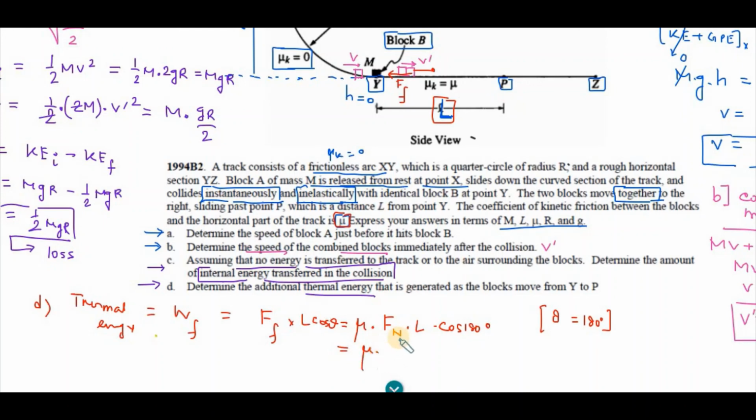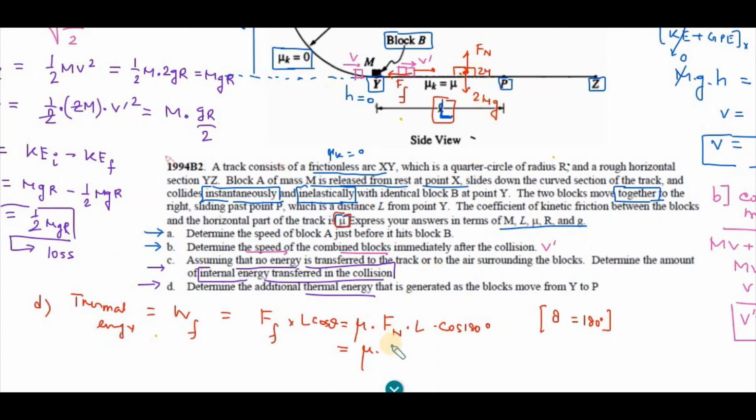Mu into what would be the normal reaction? If you draw the combined system, the total mass is 2m, due to which the total gravitational force is 2mg, which means the normal force, Fn, along the y direction or vertical direction, since there is no net force exerted, is equal to 2mg.